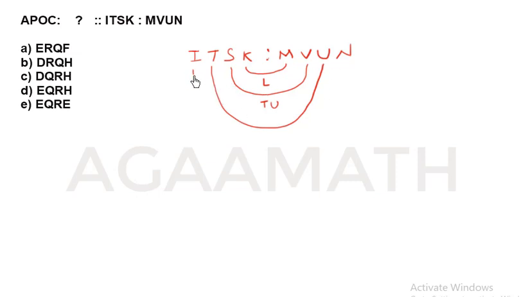And if you observe I to N, I, J, K, L, M, four letters are skipped. So here, A, P, O, C. The last letter C is skipped by one letter, so that is C, D, then it should be E. So here we have three options, A, D and E.